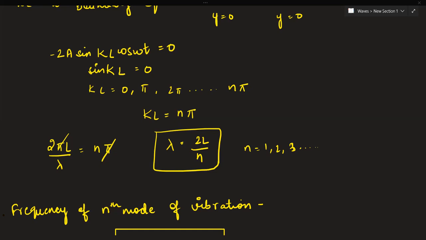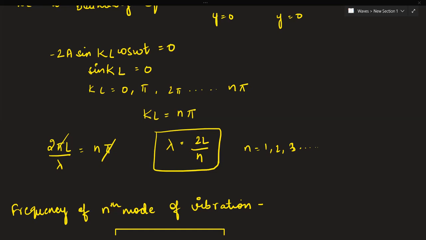Similar to the previous cases that we have seen, when kL or kx was equal to 0, what were the cases? n pi: 0, pi, 2 pi, 3 pi, 4 pi, and so on. So kL will be equal to n pi, where x is now L, because L is the total length.